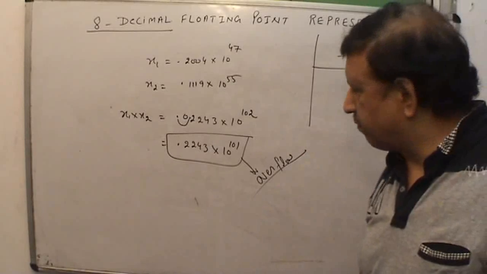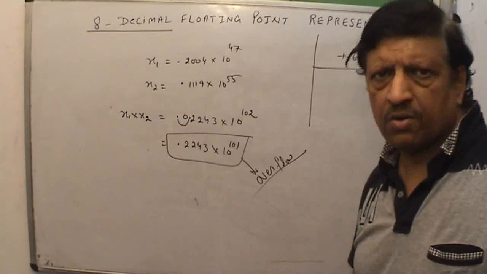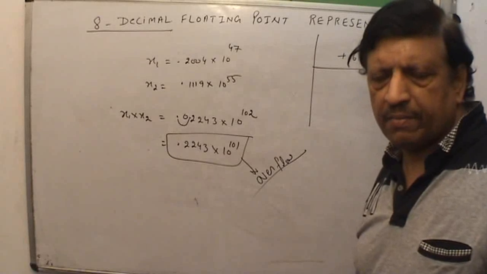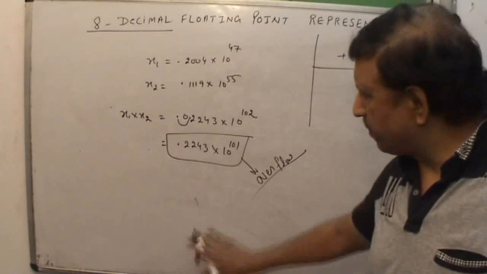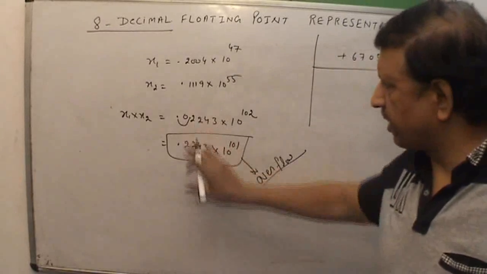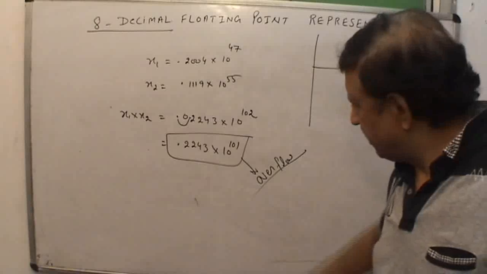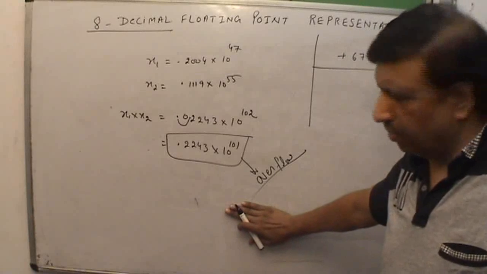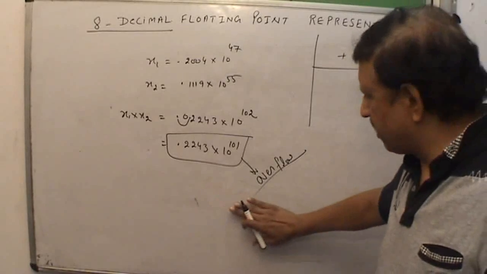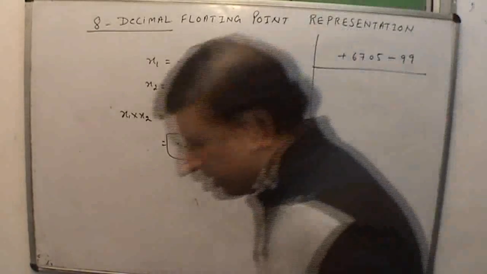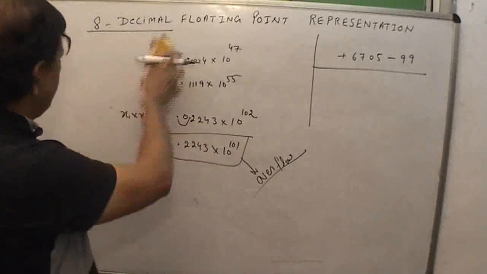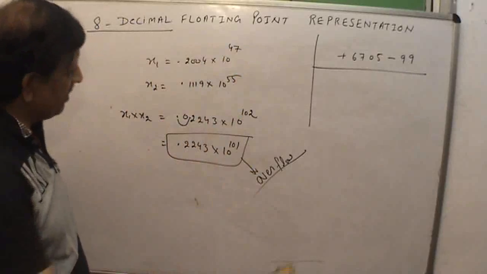There is no control for such a situation, so we must be familiar with the format and the limitations of our computer system when we are doing any arithmetical problems on it. Underflow can be controlled by 0, but overflow cannot be controlled. So that is overflow and underflow of a computer in the 8 decimal floating point representation.